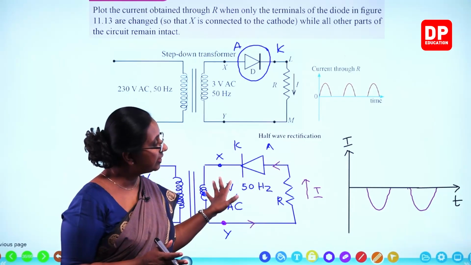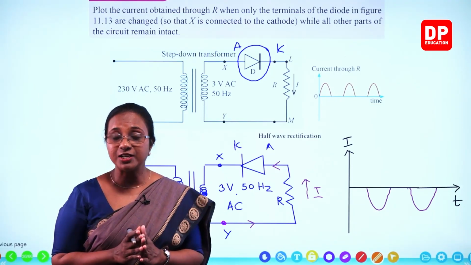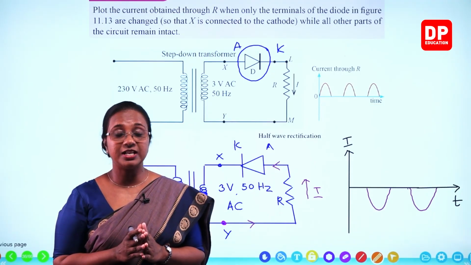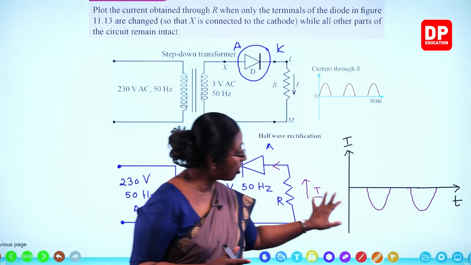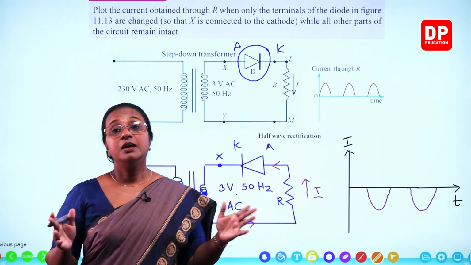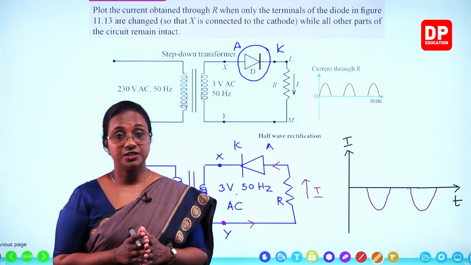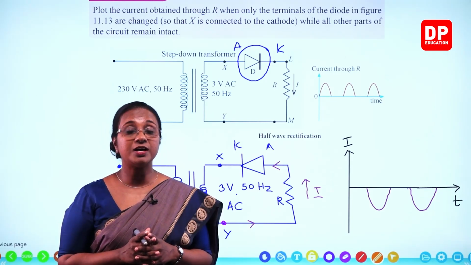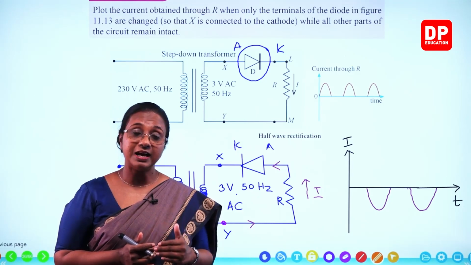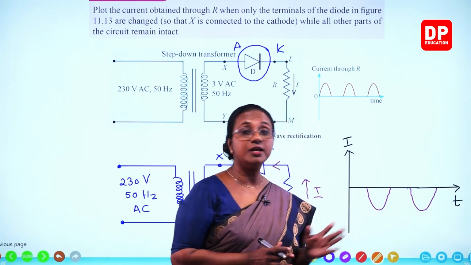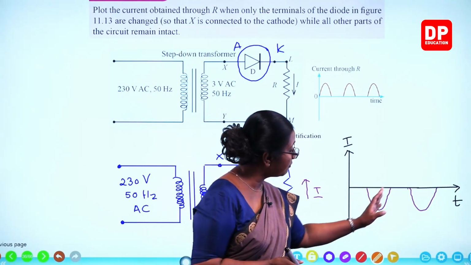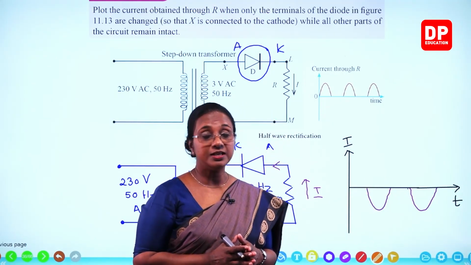So then, with this in mind, now that you all have understood what half-wave rectification is, you can understand this is not enough for an electronic device to function. For an electronic device to function, you need to supply current continuously. Now here the current flow is not continuous. Only half of the wave flows through the device.